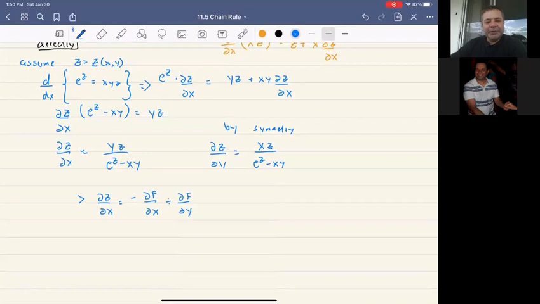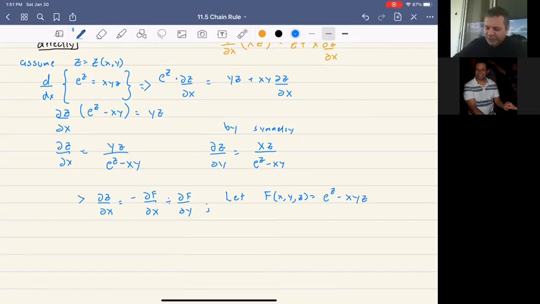All right, so we're going to do it this way. Let f of x, y, z equal e to the z minus x, y, z. I could have also done x, y, z minus e to the z. It's not going to make a difference.